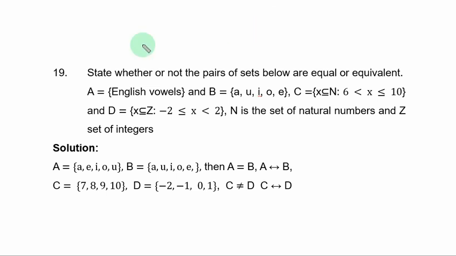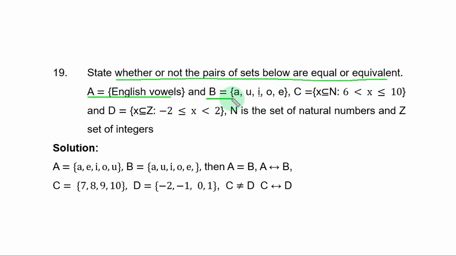Example 19. State whether or not the pairs of sets below are equal or equivalent. Set A equal to English vowels.